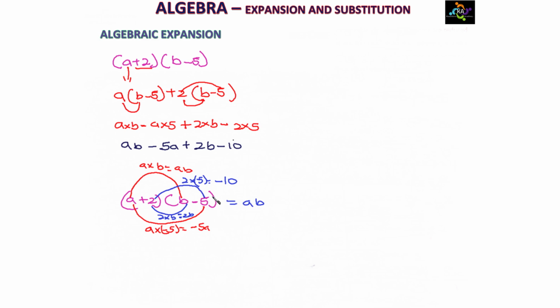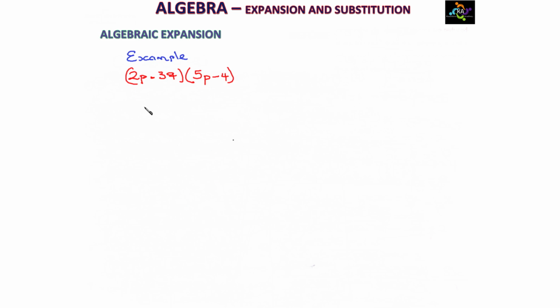The second one, minus 5a. The third one, plus 2b. Then the last one, minus 10. That's the final answer when it comes to algebraic expansion. I'll be doing some example questions to help us understand more how we can go about this algebraic expansion.